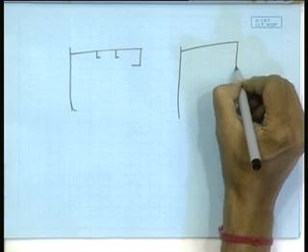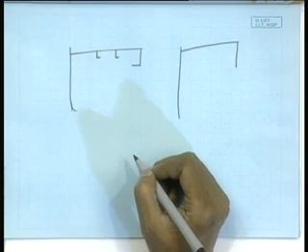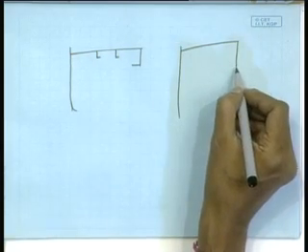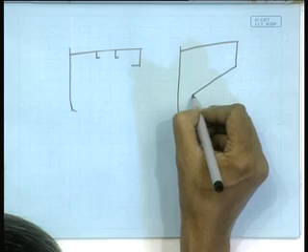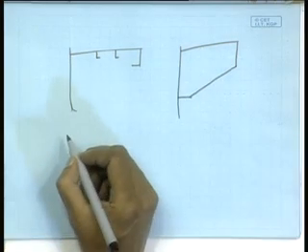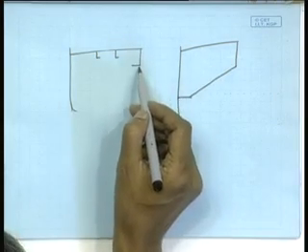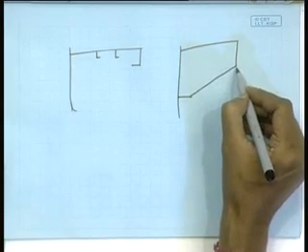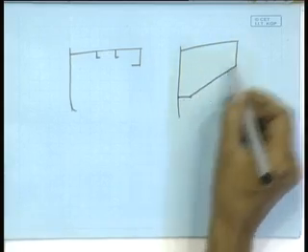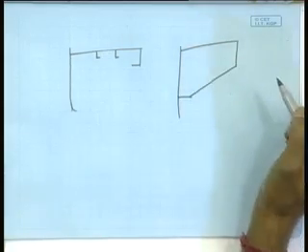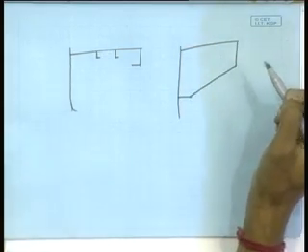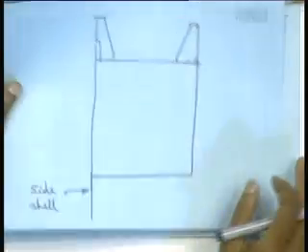Stiffening was done by also a vertical plate. I am no more calling it as a girder, but the function is same. Here I had this girder, here I am having the vertical plate with a sloping bulkhead. So, this is providing the necessary stiffness. Now, here what is happening?